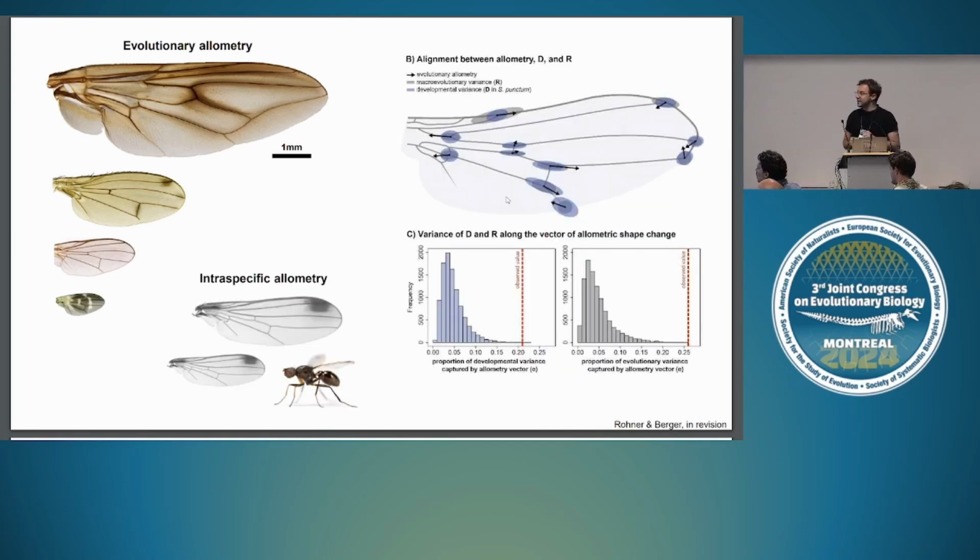So now we can ask whether the developmental bias and the macroevolution that we see are aligned with these axes that are potentially under selection. What we find is that indeed, both of those patterns are much more strongly aligned with allometry and potential functional constraints than expected by chance. I just wanted to highlight that in both of those matrices, we actually accounted for allometry. So this is not just, you know, regressing one thing against itself.